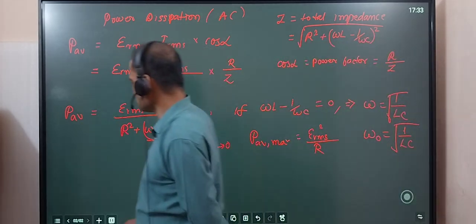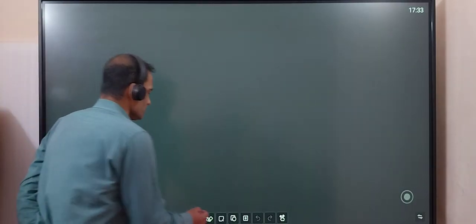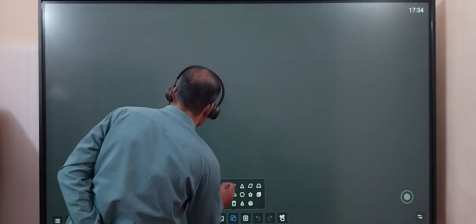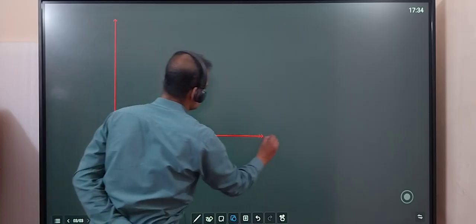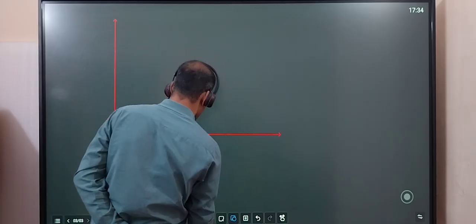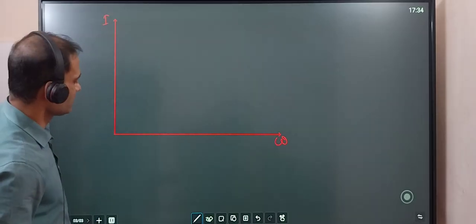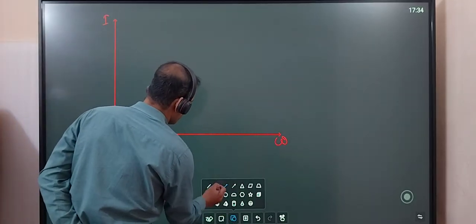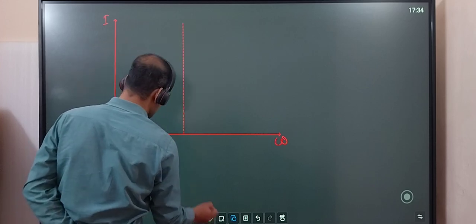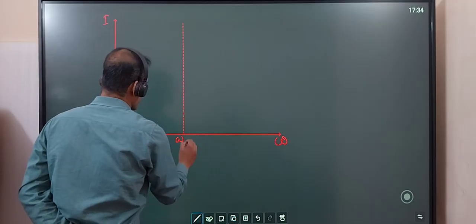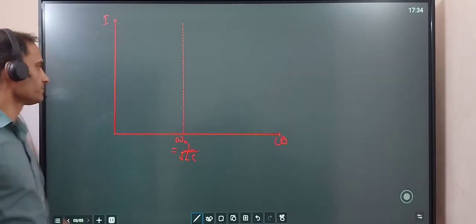From the graph you will get an idea why we are trying to find those two frequencies. This is omega and this is I, the current. We have seen that there is a value of omega for which power dissipation is maximum, right?